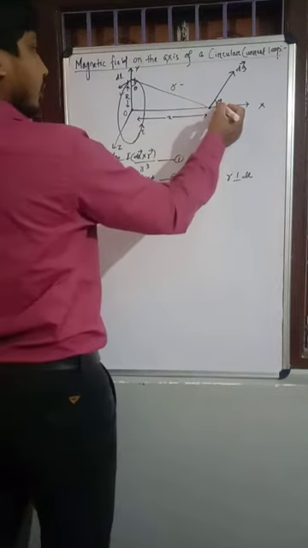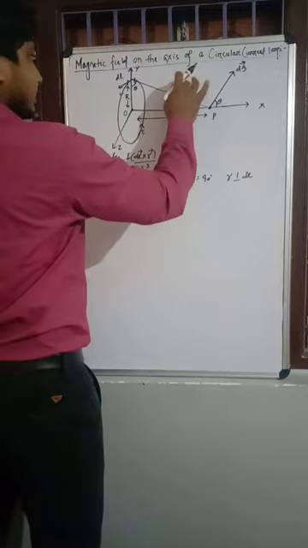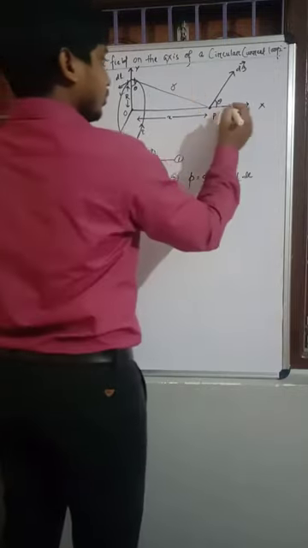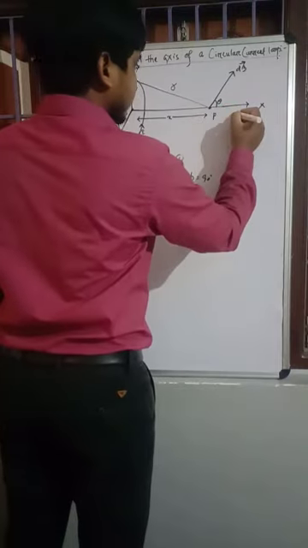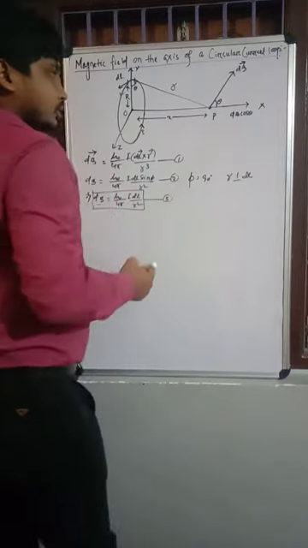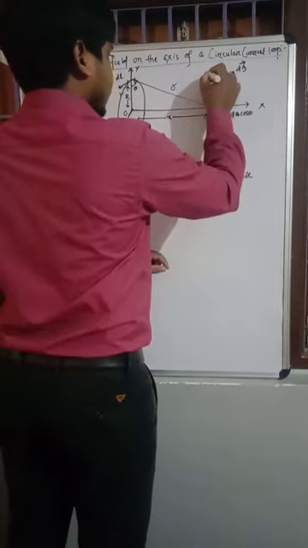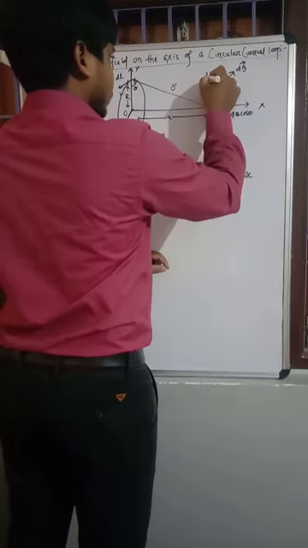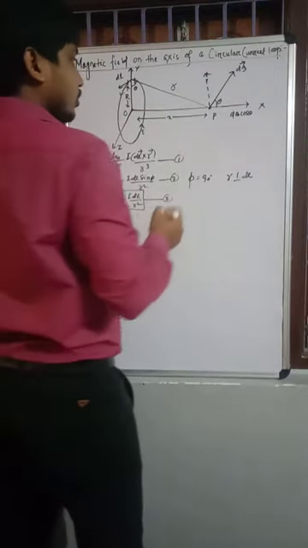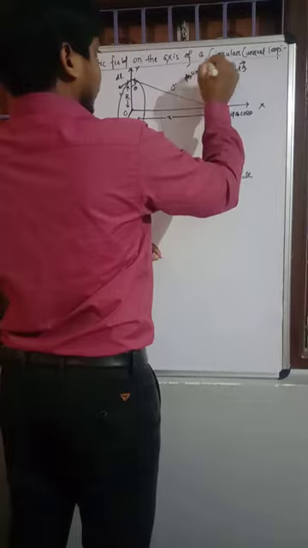And at this point, this dB vector can be resolved into two components, its horizontal component and vertical component. If I take the horizontal component along this x-axis, it will be dB cos theta, and perpendicular to it along this direction, the vertical component will be dB sin theta.